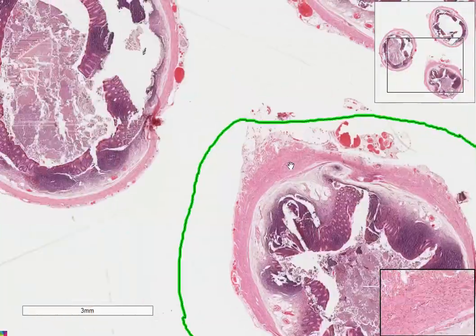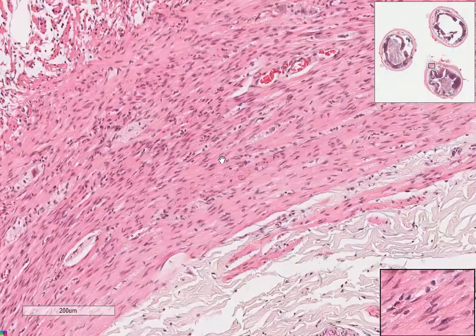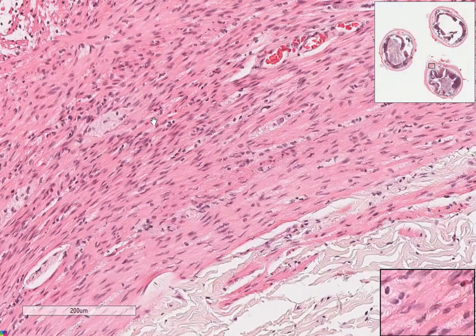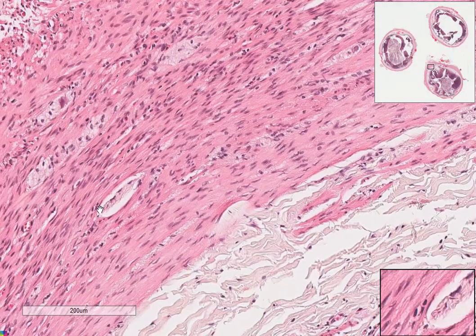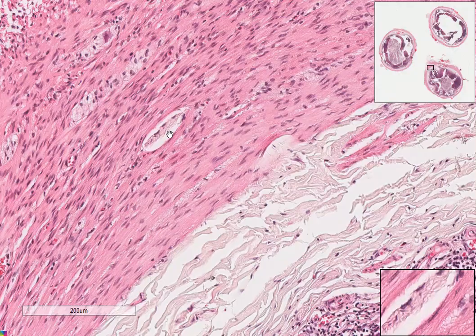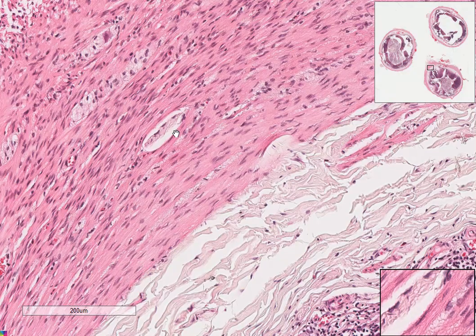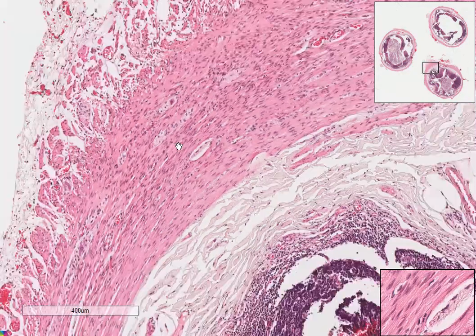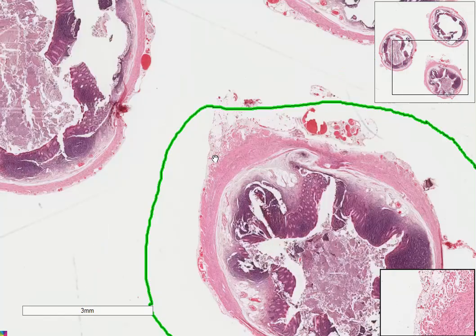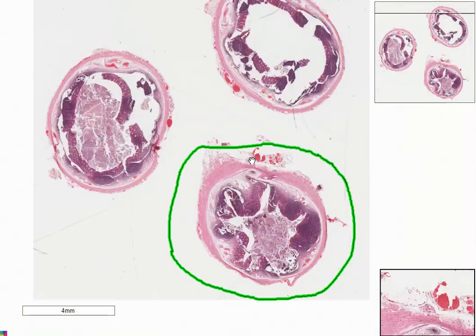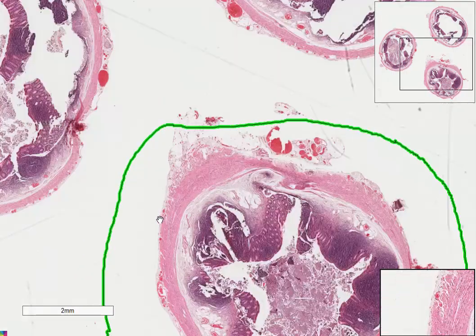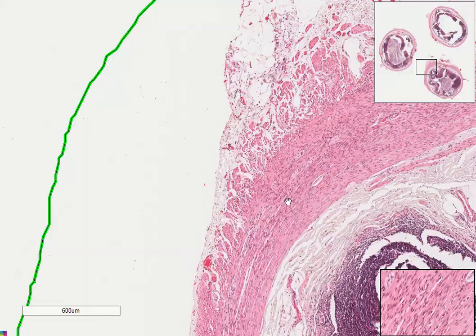And then the muscularis propria is also smooth muscle but thicker. And then you've got your nerves in between, which form part of the autonomic nervous system, the enteric nervous system. Then at the outermost surface of the appendix, we have a serosa.